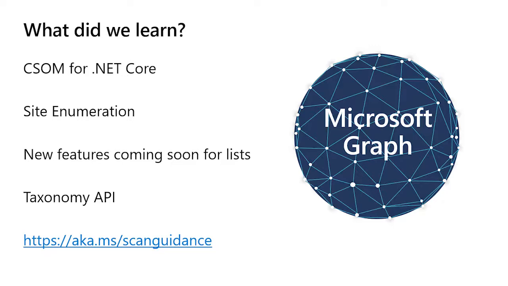Lots coming in lists. Expect not only the things that I talked about today, but even more over the coming months to be available in Microsoft Graph. And last but certainly not least, the Taxonomy API, which is going to open up whole new worlds of possibility for you in the applications that you build targeting Microsoft Graph and Microsoft 365.